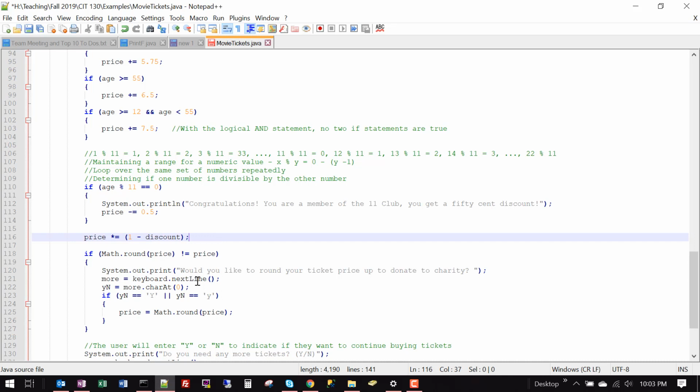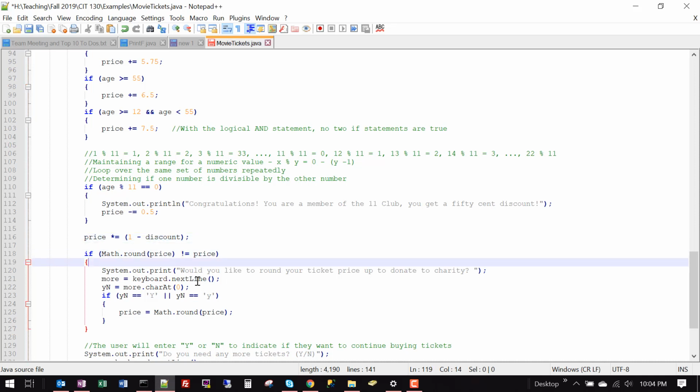Again, I want you guys thinking mathematically. A discount would be 100% or 1 minus the discount. So like in my case, I think it was a 9% discount, so I'd be paying 91% of the price. So multiply, of means multiply, 91% of the price there.